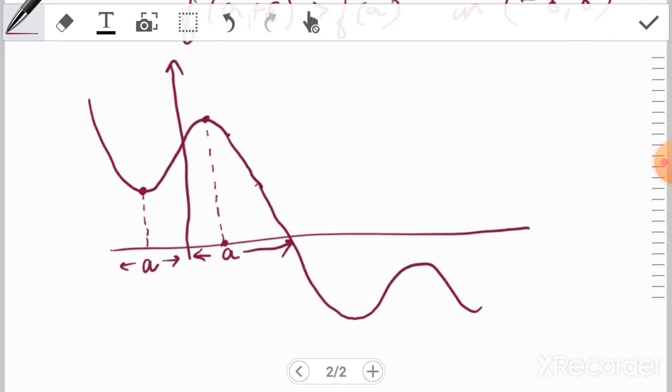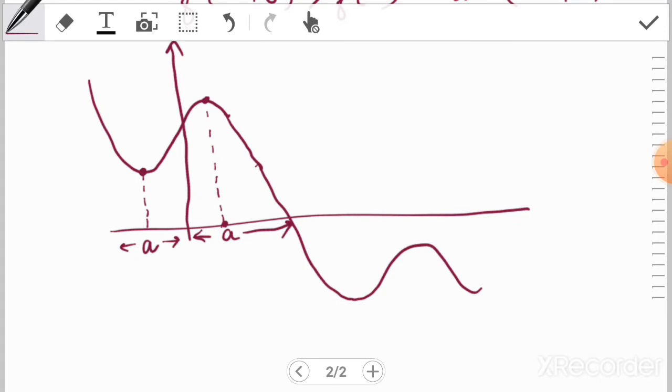Whereas the absolute maxima would be the highest point within the entire domain, right? So here in local maxima or minima, we are interested in a particular interval. Okay.